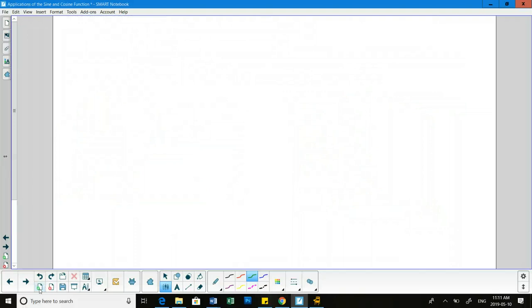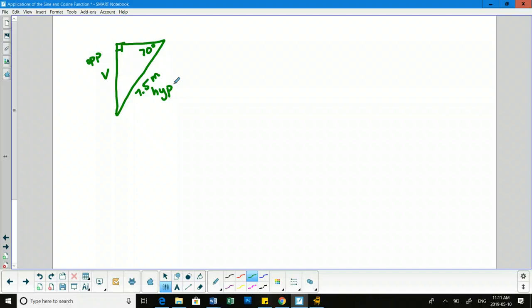So I'm just going to do this off to the side. We had a 70-degree angle, and we are interested in this vertical height right here. And I know this is 7.5 meters because that's the radius, and this is 70. So this is opposite and hypotenuse, and we're just going to do a really quick SOHCAHTOA calculation here.